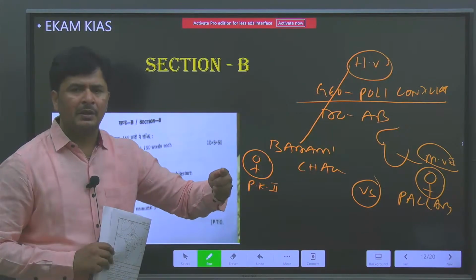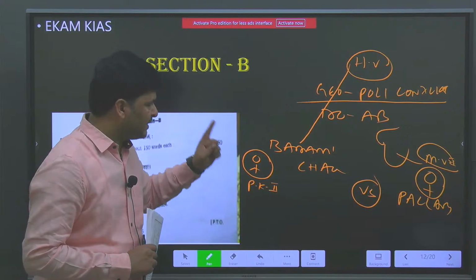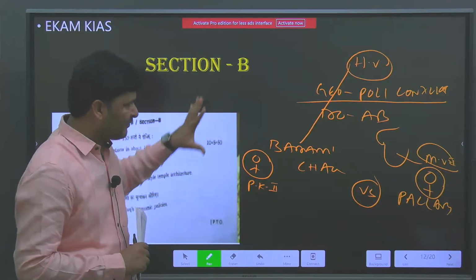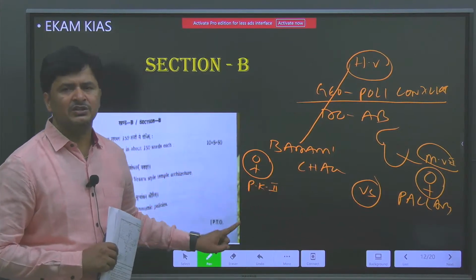We found at least half a dozen important battles, field battles, to get command over the Krishna Godavari Basin. We call the entire phenomenon geopolitical conflicts, political conflicts for the sake of geography.